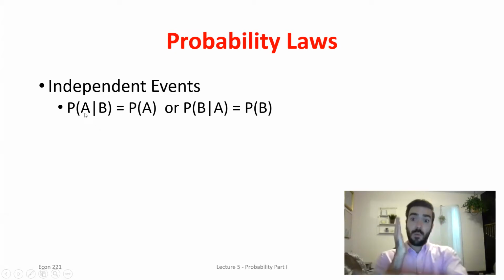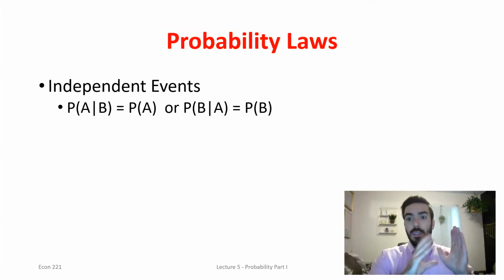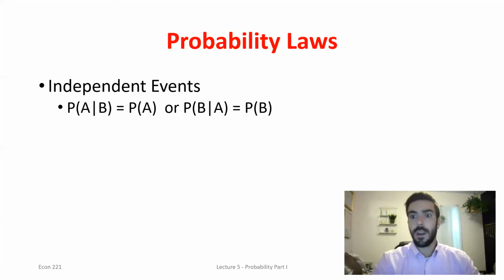In the example where I split it in half, the probability of A ahead of time was 0.5. Once I conditioned on B, even though I limited the outcome space, half of what was left was still A, so the probability was still 0.5. It didn't matter if I knew that B had occurred, so the events were independent.